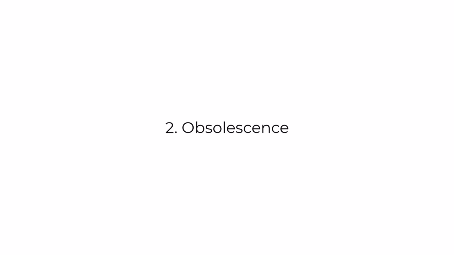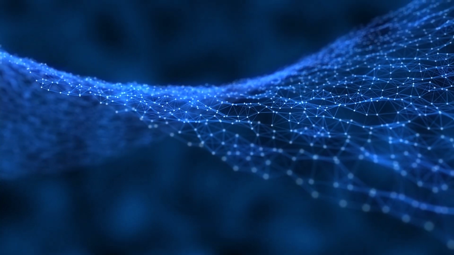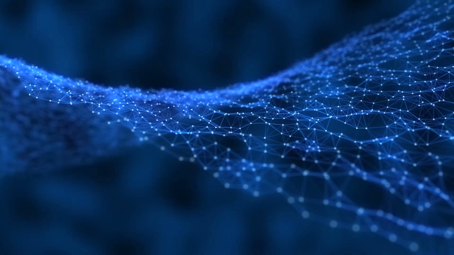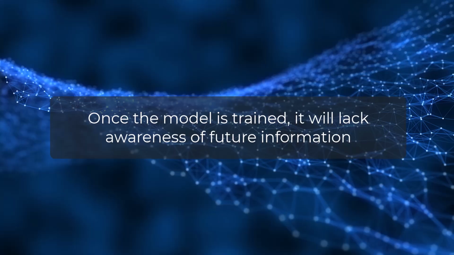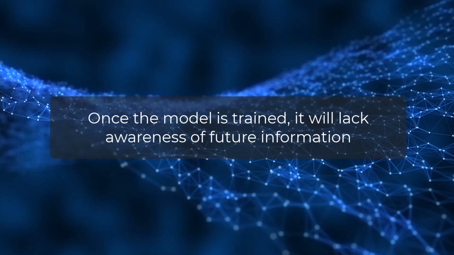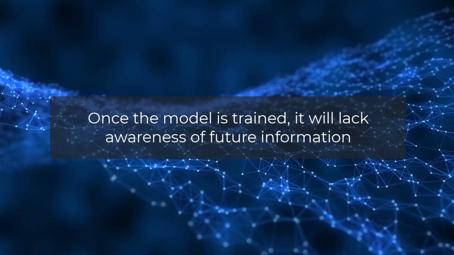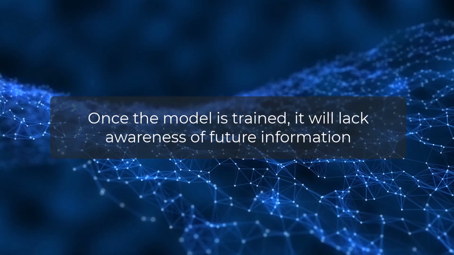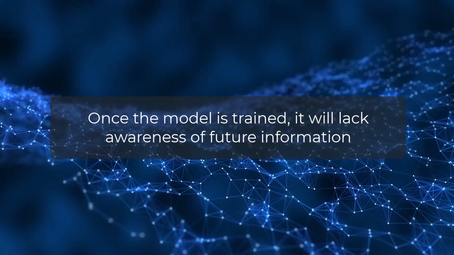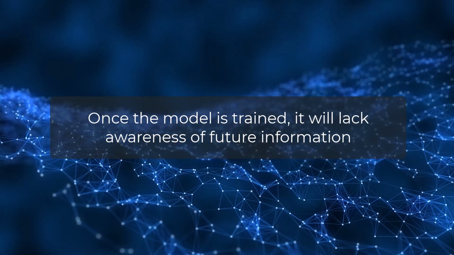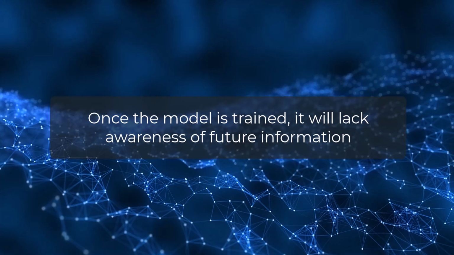The second limitation is obsolescence. AI models are only as good as the data they're trained on. So, once the model is trained, it'll inevitably lack awareness of future information unless it's connected to live data sources or given new data to train on.